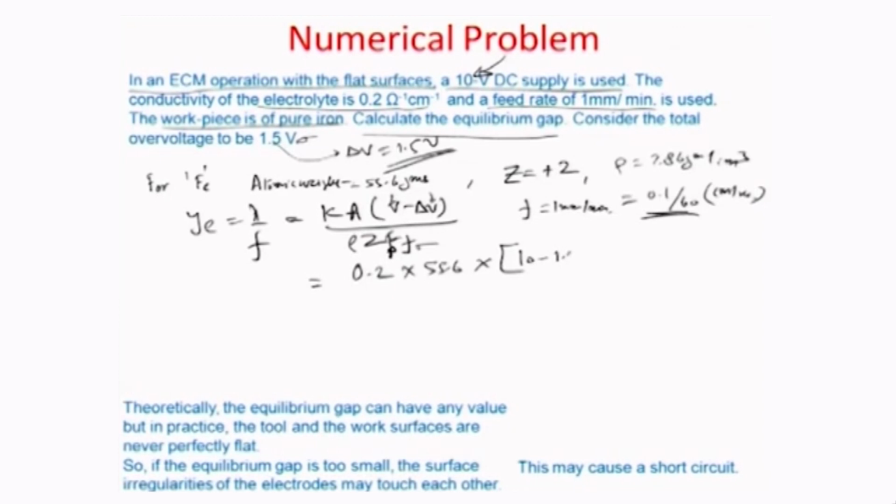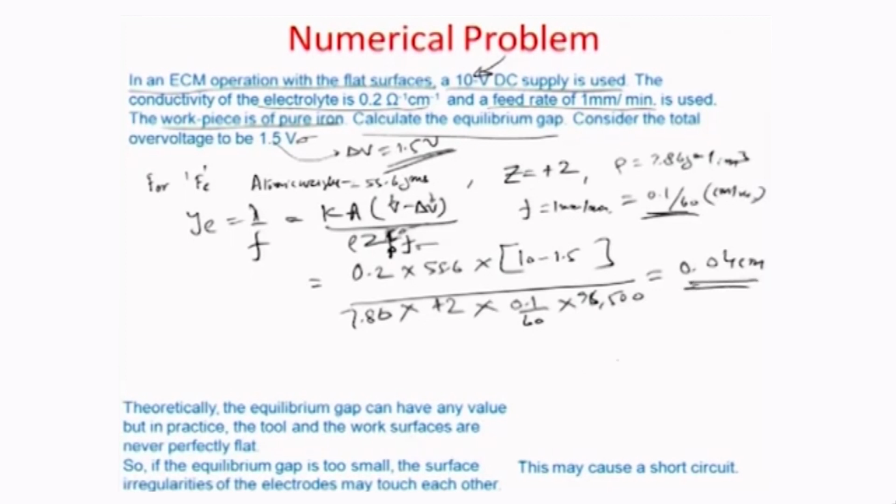So, you have 10 minus 1.5 as the V minus delta V term, divided by 7.86 gram per centimeter cube, which is the density, times valency, which is plus 2, times the feed rate, which is 0.1 by 60, times 96,500 coulombs, which is the Faraday constant, and therefore this can be calculated to be 0.04 centimeters, which is actually about 0.4 millimeters or 400 microns, and that is about how the equilibrium gap would typically look like.